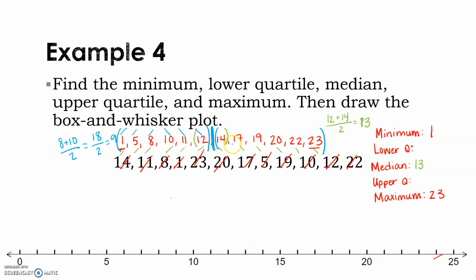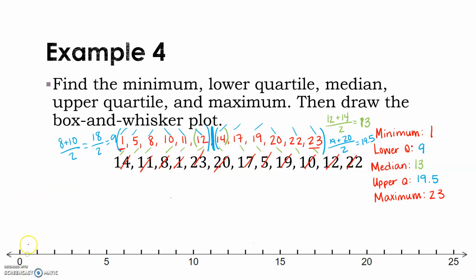And then if I do this side over here, I would get 19 plus 20 over 2 is 19.5. So my lower quartile is going to be 9. My upper quartile, 19.5.